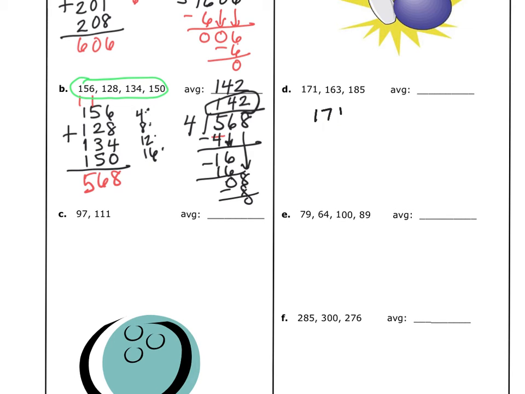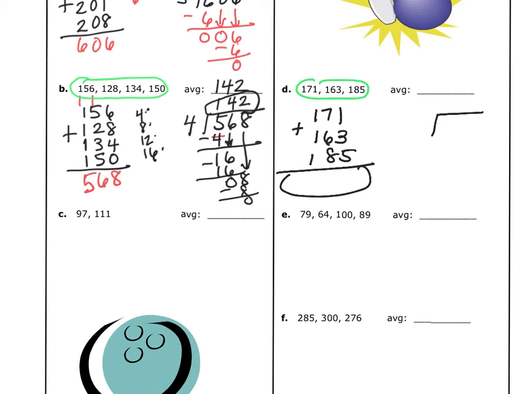Get your numbers lined up. Then you'll add up, and under your house, you're going to put whatever you get right here. I can tell that my divisor is going to be 3 because I have 3 numbers. So whatever number you get there is going to go under your house.